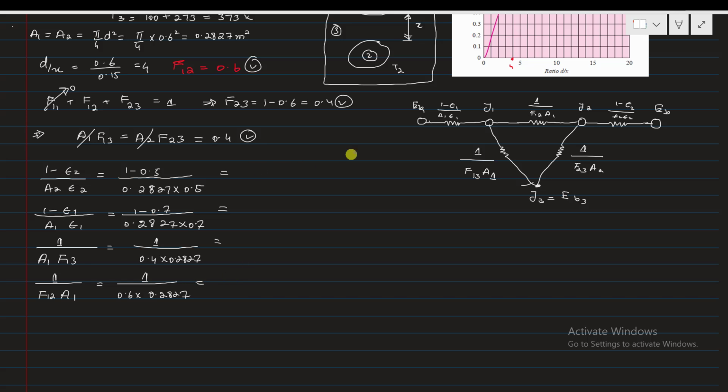Okay, so all the resistances that you can see in this radiation network diagram, I'm writing here. For ease of convenience, I'm finding each value separately. So by putting the values, you will get the surface resistance of plate 1.